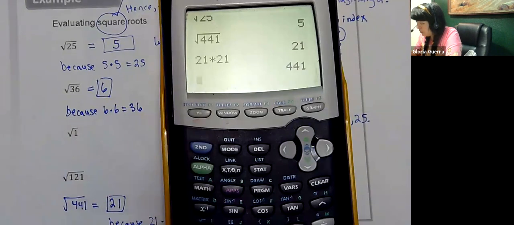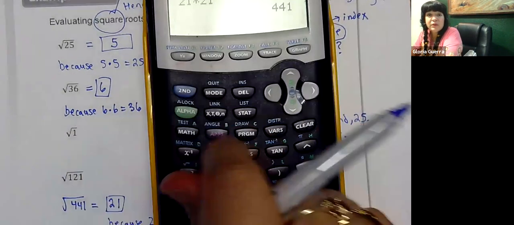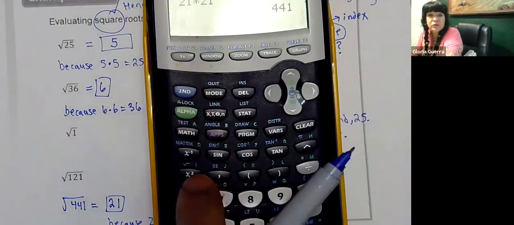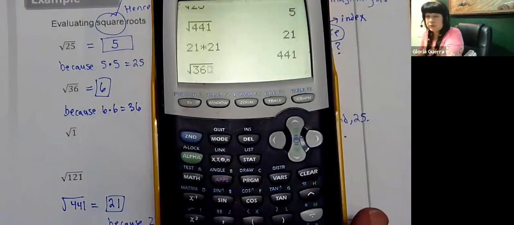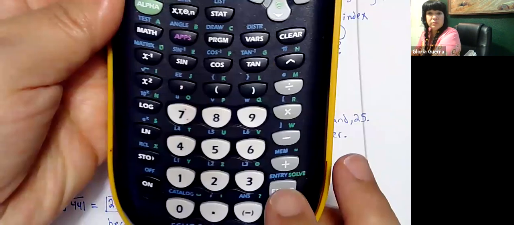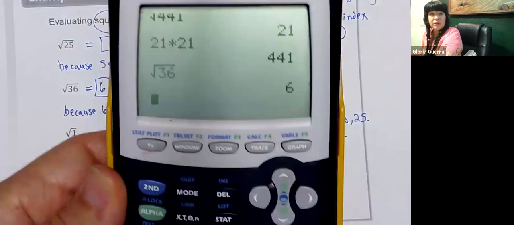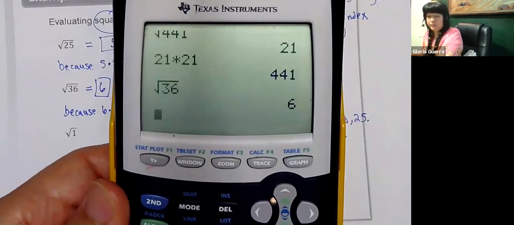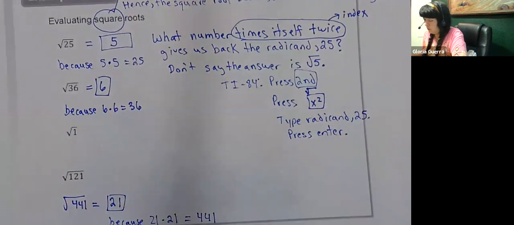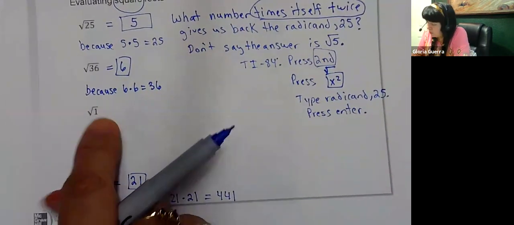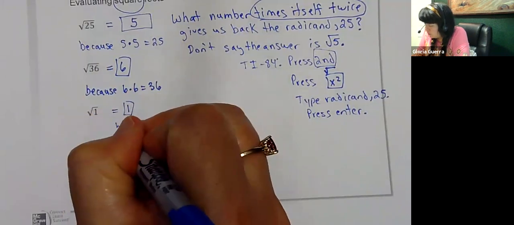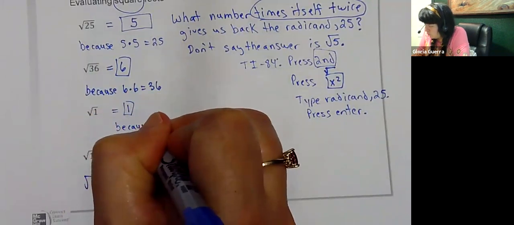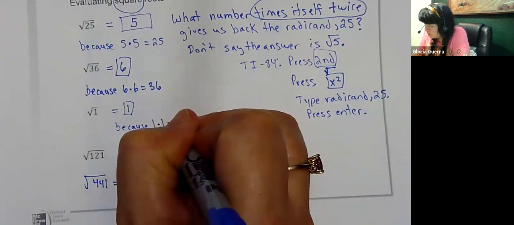So again, if I use my calculator, second, and then square root 36, and then press the enter button, and it gives me 6. All right. Square root of 1 is 1, because 1 times 1 is 1.